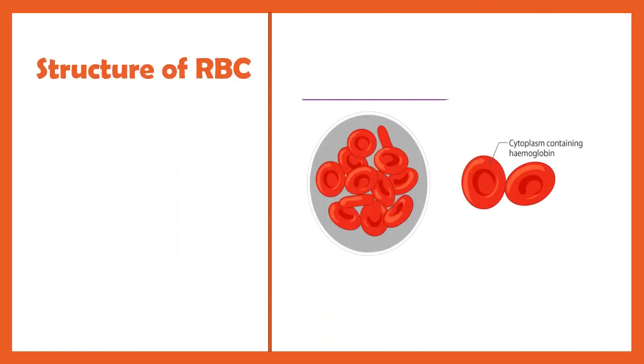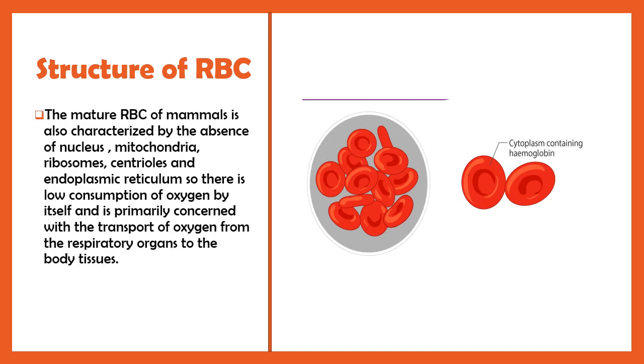As we discussed in the previous video, RBCs lack nucleus, mitochondria and various cell organelles. The main feature of a mammalian RBC is the absence of nucleus, mitochondria, ribosomes, centrioles, endoplasmic reticulum, and many more cell organelles.